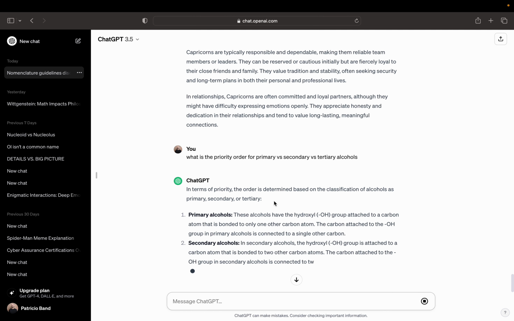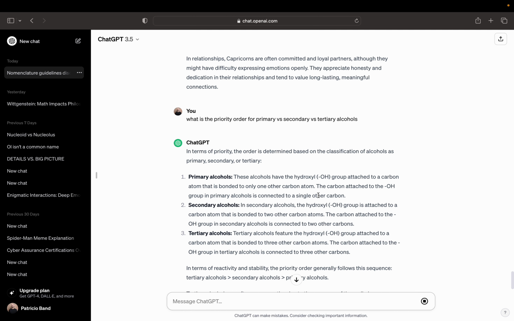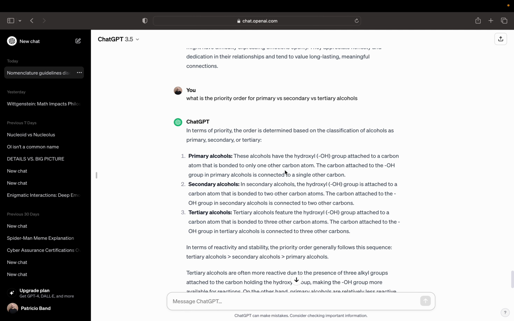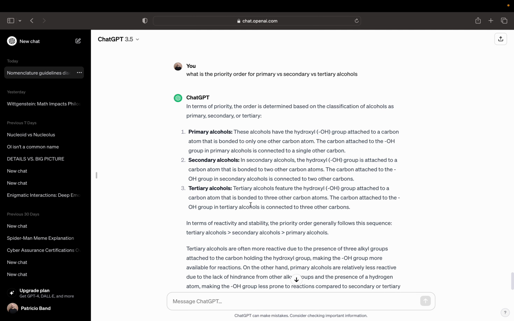Primary alcohols are attached to a carbon atom that is bonded to only one other carbon atom. The carbon attached to the hydroxy group in primary alcohols is connected to a single carbon. So it's tertiary, secondary, primary.